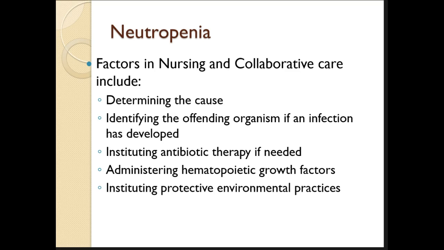In considering the clinical significance of neutropenia for your patient, it is important to know whether the decrease in the neutrophil count was a gradual or rapid onset, the degree of neutropenia, and the duration.